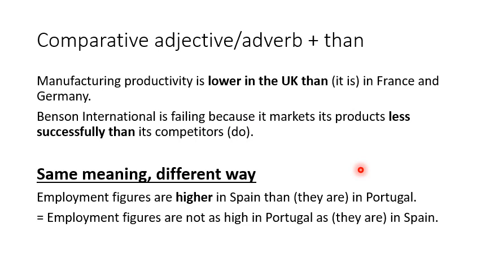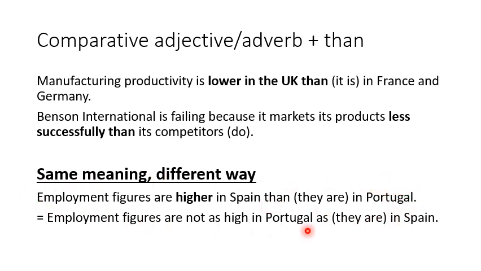Now it's well known in English that we can say the same sentence in different ways. And here's an example. Employment figures are higher in Spain than in Portugal. So Spain does better in employment figures than Portugal.